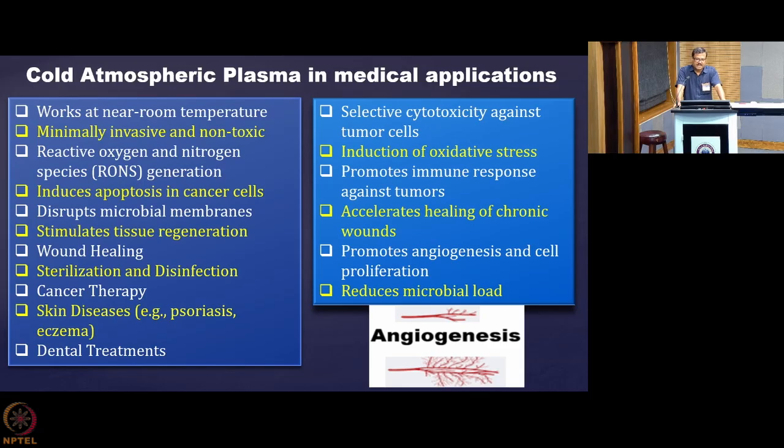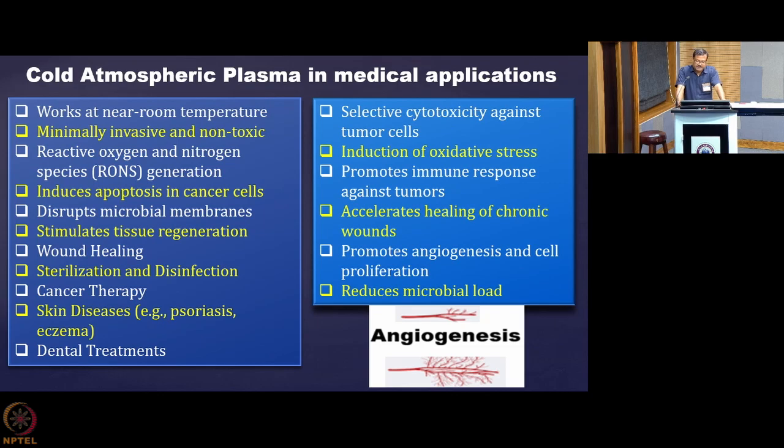Skin diseases like psoriasis, eczema, this cold plasma can be used. In dental treatments, now this is almost going to be a regular instrument in dental clinics. Then selective cytotoxicity, toxicity against tumor cells.